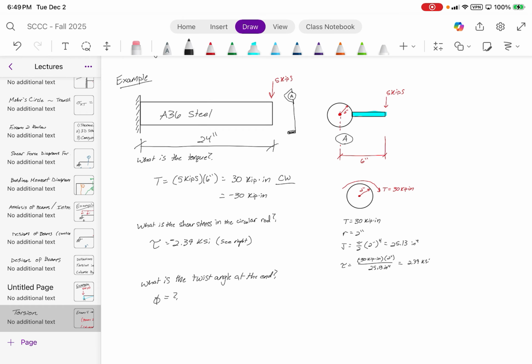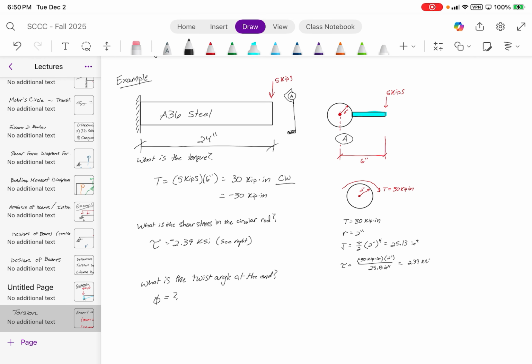What did you get? So when I did that, I got 92,561.3318. So it rotated 9,000 degrees. I think your issue comes from the modulus of rigidity.